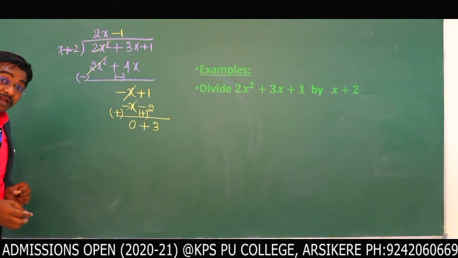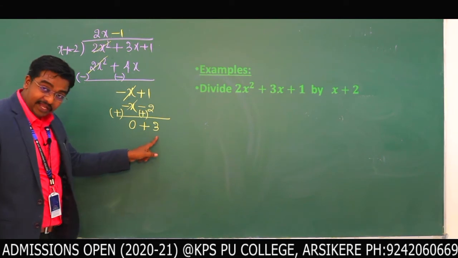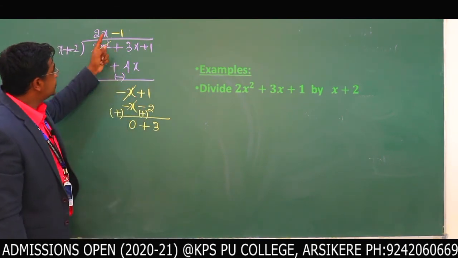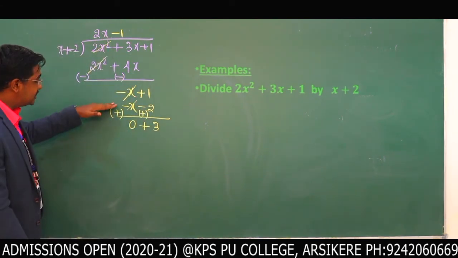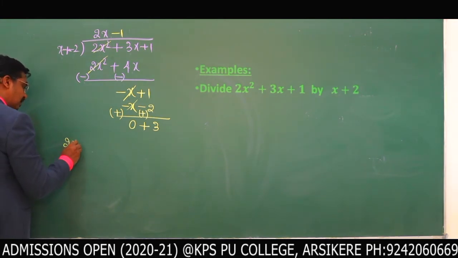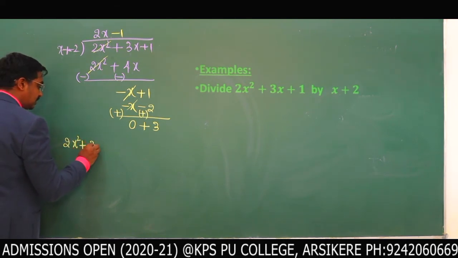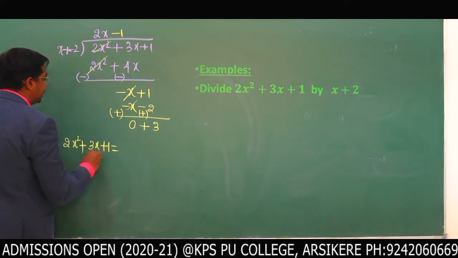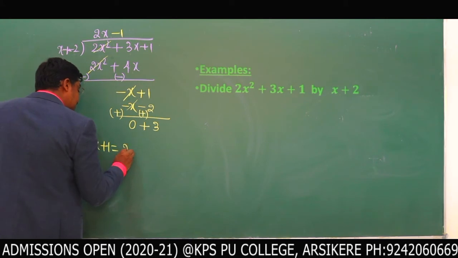Tell me what is the remainder here? Very good, remainder is 3. What about quotient? Quotient is 2x minus 1, so this can be written in division algorithm as 2x square plus 3x plus 1 can be written as, first write the divisor. What is the divisor here?